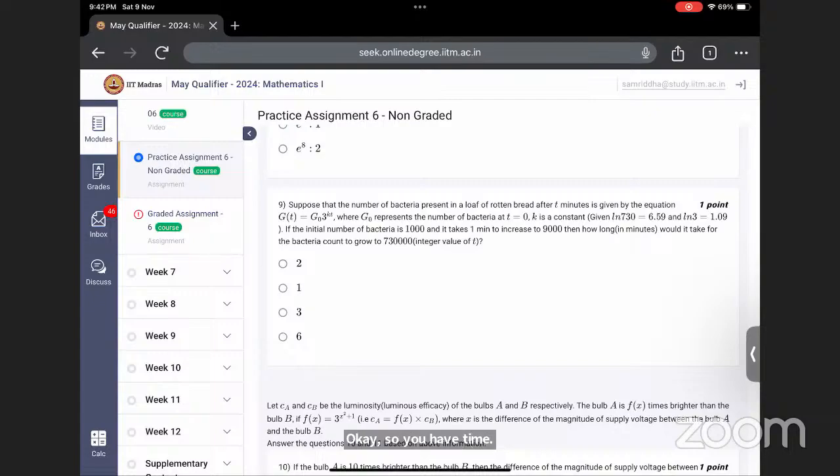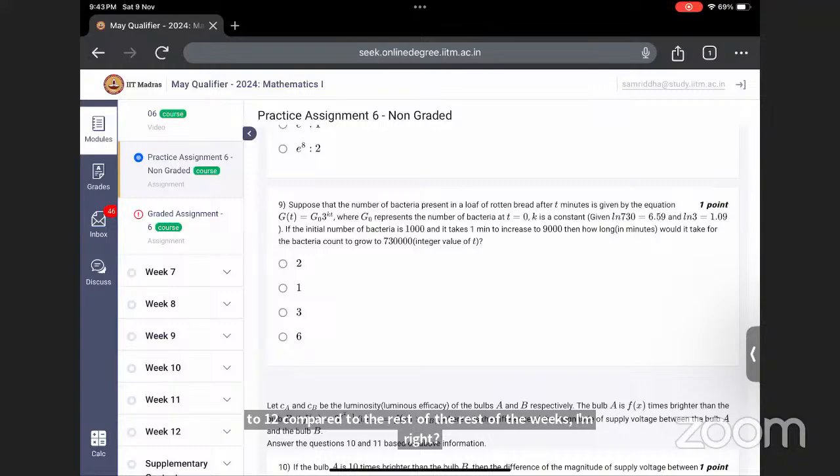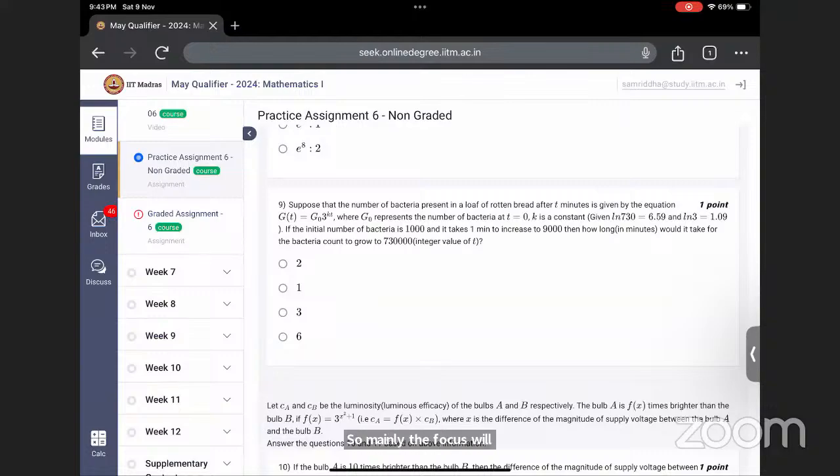The end term is on 21st or 22nd December. For the end term, the weightage is given to weeks 8 to 12 compared to the rest of the weeks, am I right? Yes, mainly the focus will be towards graph theory maybe, but there will be at least one question from each week.